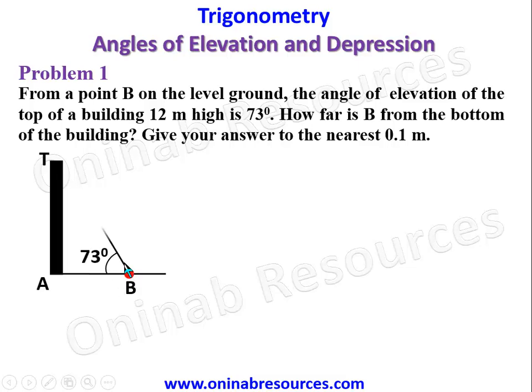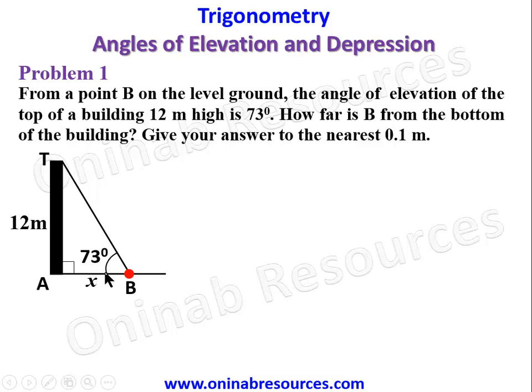Then we join the line T and B, and the angle TA makes with AB is 90 degrees, and TA, which is the building, is 12 meters. Then how far is B from the bottom of the building? We are looking for AB, we name it x.